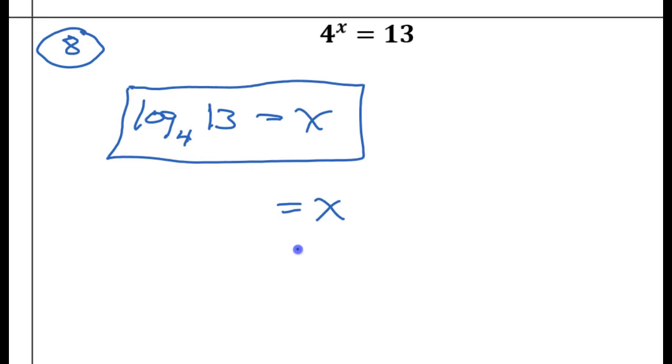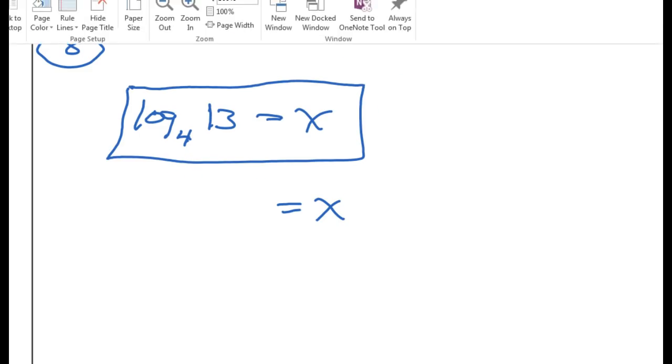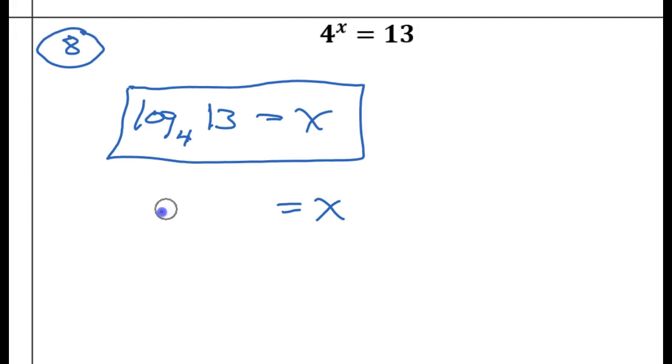Now, if you do have a calculator and you're asked to give me a decimal, you might have to use the change of base formula, depending on what style of calculator you have. So understand that the change of base formula says this is the same as log 13 divided by log 4. All right?